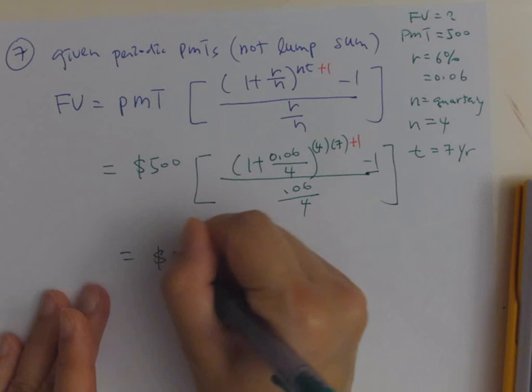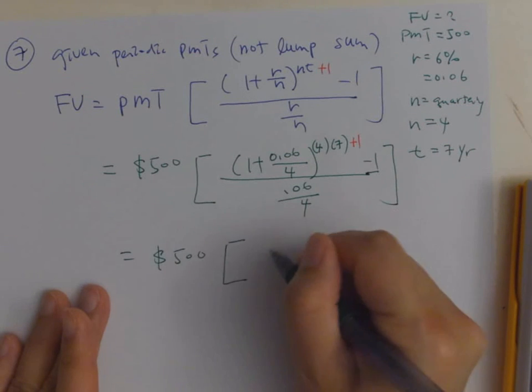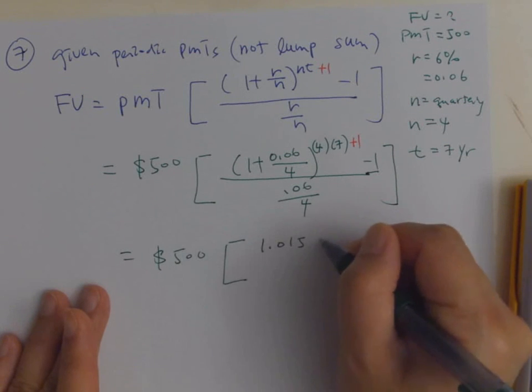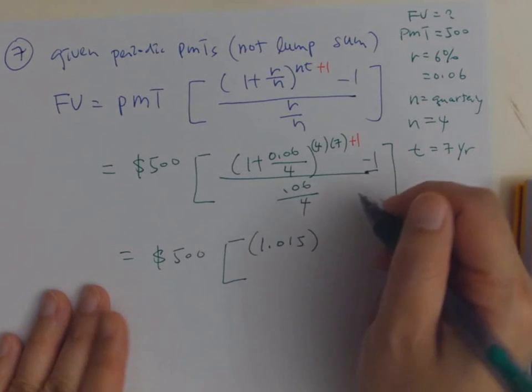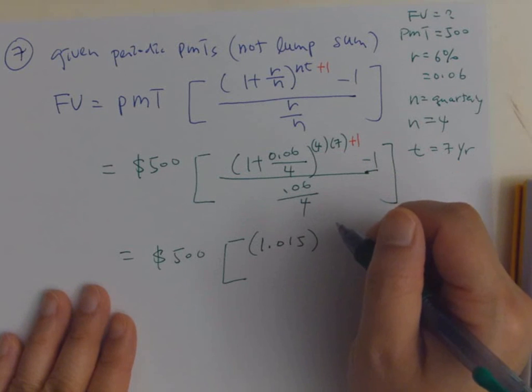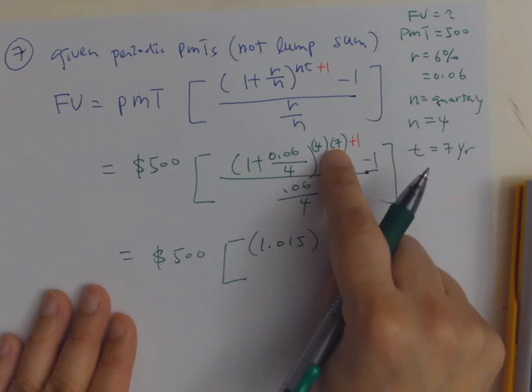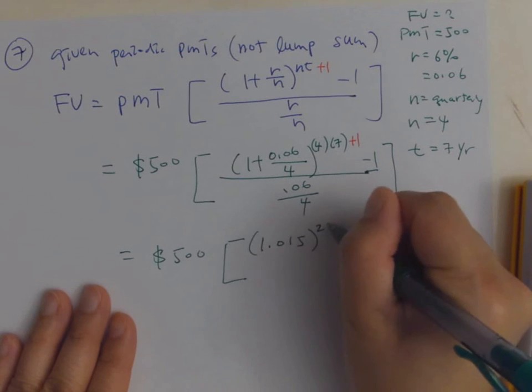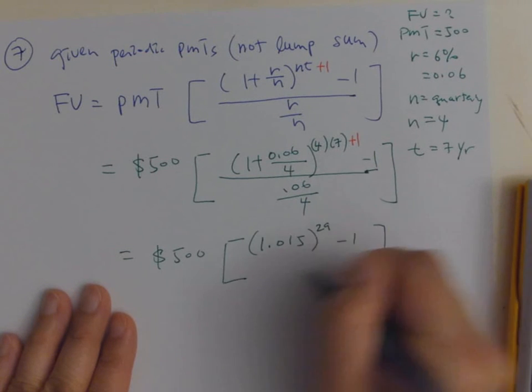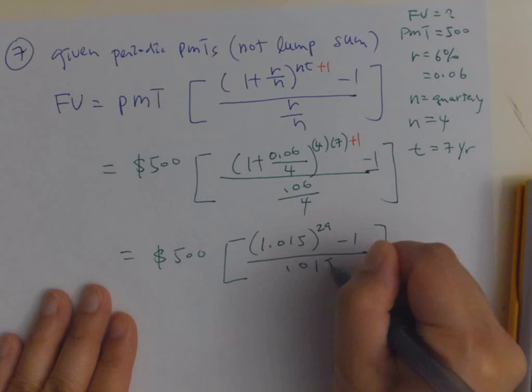So I'm going to have 500 times 1.015, raised to 4 times 7, which is 28, plus 1 more is going to be 29, right? So 29 here, and then minus 1, and then divided by 0.015.